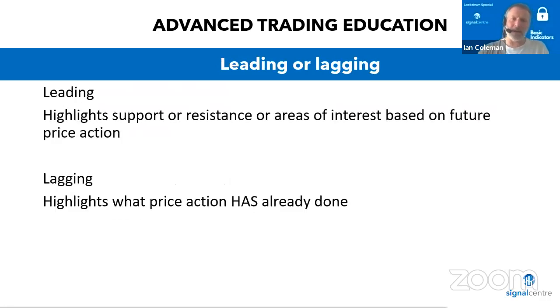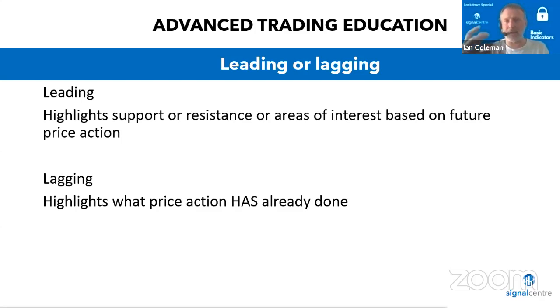So leading or lagging is quite an important factor when we talk about technical indicators. Most of the indicators that I use personally are leading indicators. I want to know where I believe price is going to go, or where price is possibly going to stop and reverse.